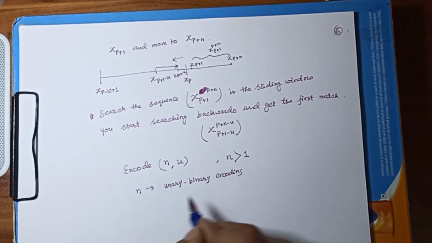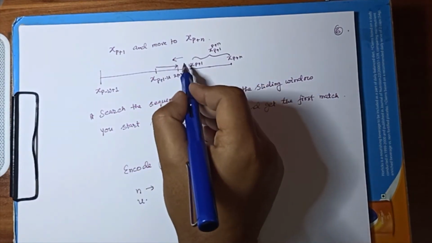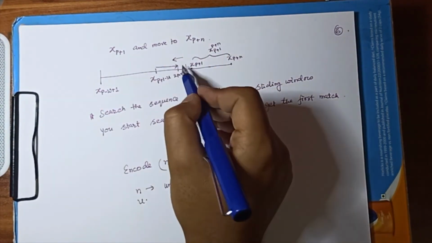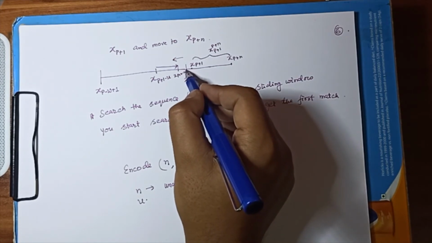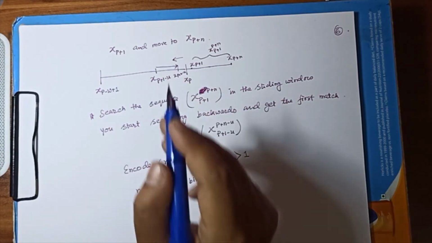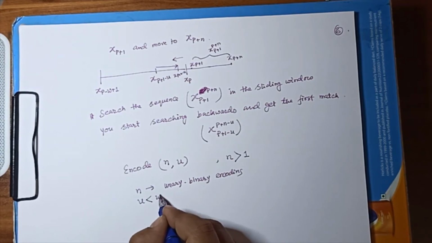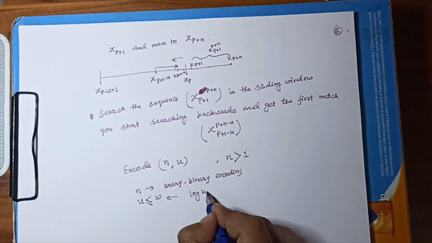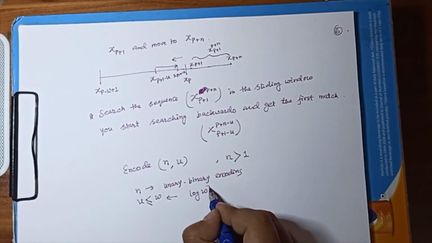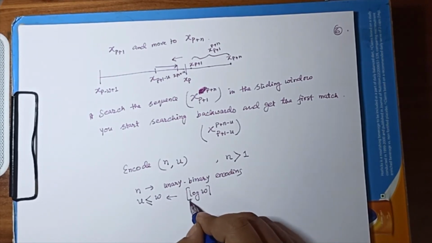For u, it is restricted to w. So u starts from 1 and goes up to w. So u is always less than or equal to w. For that you can use log w number of bits.